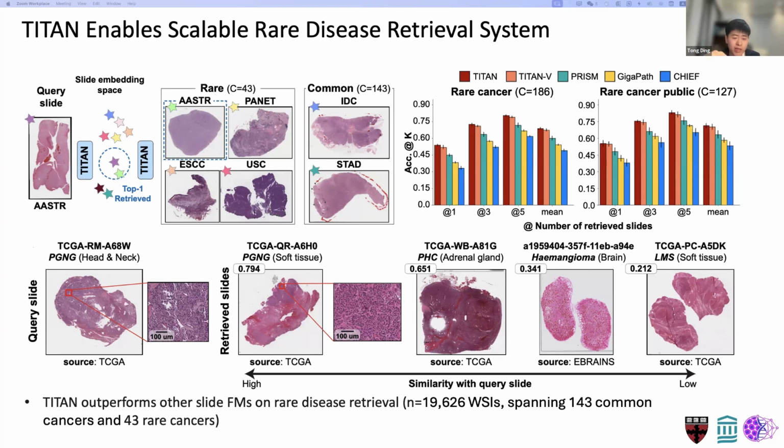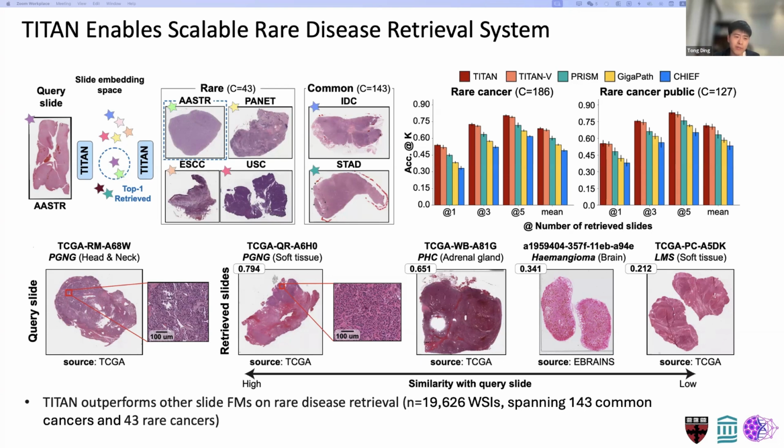And to mimic the clinical workflow, for example, when a very hard to diagnose case or a very rare cancer case comes, a clinician might want to retrieve a similar slide from the database and see the diagnosis of this slide, or say see the report of this slide.